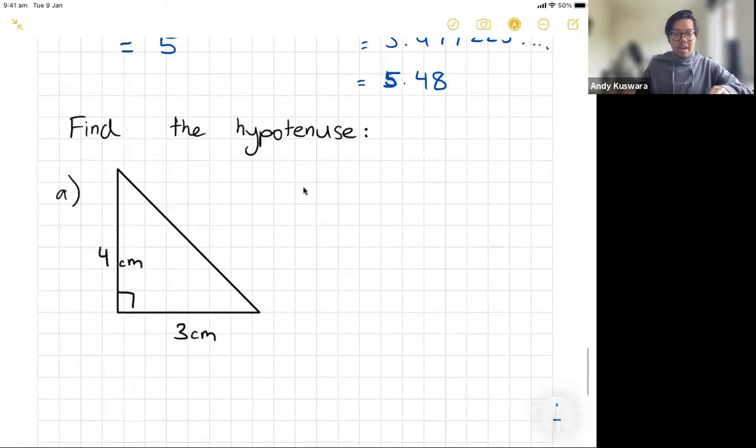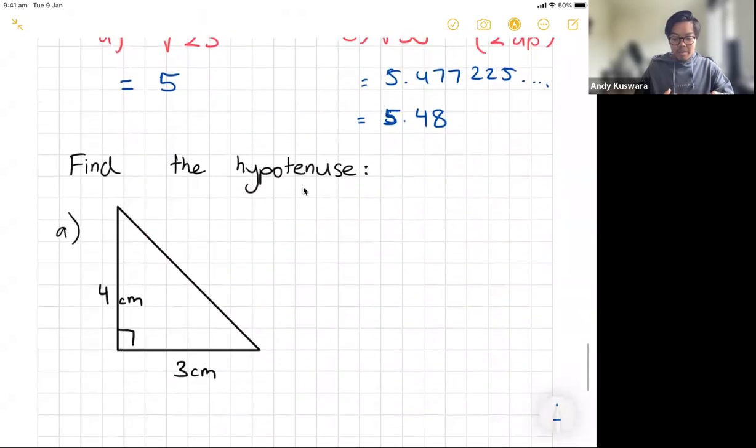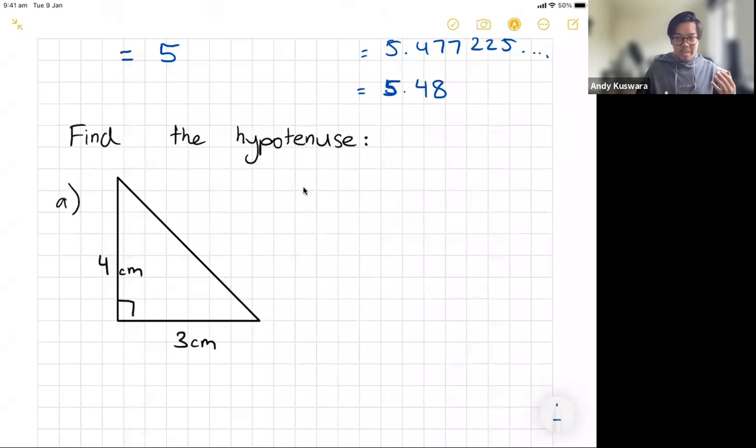Now, here's how we actually use it, because this Pythagoras theorem does use squares, and we are going to have to square root at some point. If we're trying to find the hypotenuse, I'm going to let that hypotenuse be c. You can pick whatever letter you want. Just quickly remind me, a squared plus b squared equals what? c squared.